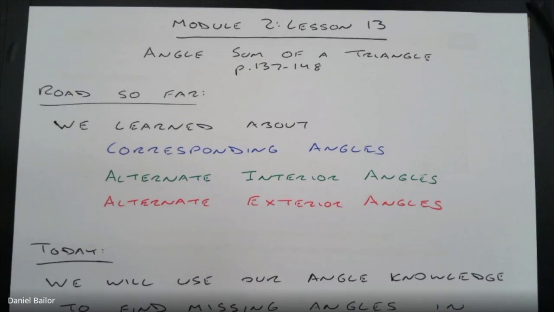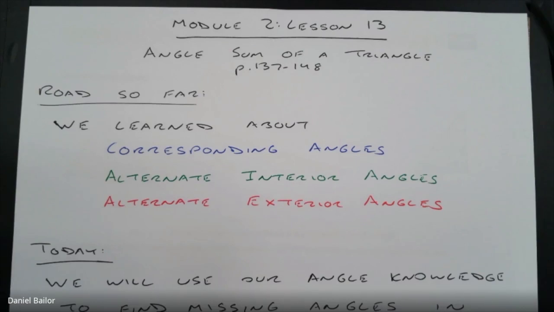Get your note page out and start copying down the notes you see on the screen in front of you so that we can get to work as soon as I am done discussing them. So the road so far, specifically in Lesson 12, the last lesson we did together, we learned about different types of angles. We learned about corresponding angles, alternate interior angles, and alternate exterior angles.